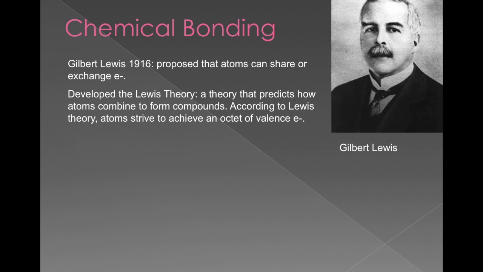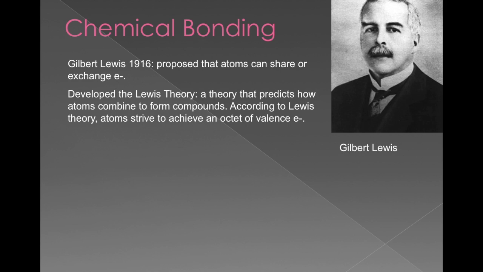Now, Lewis also developed what is now called Lewis theory, which predicts how atoms combine to form compounds. According to Lewis theory, atoms strive to achieve an octet of valence electrons. And I should mention that the octet rule doesn't apply to all elements.